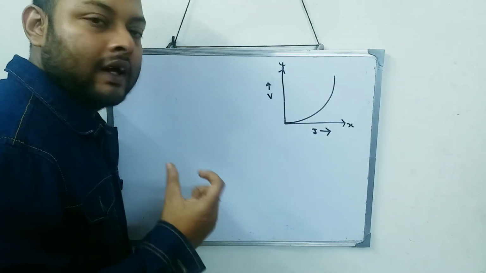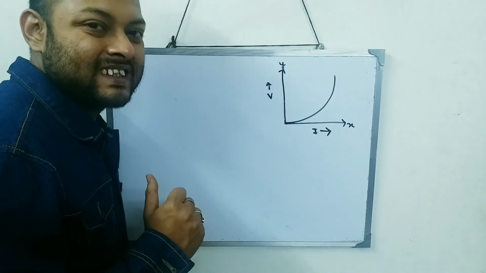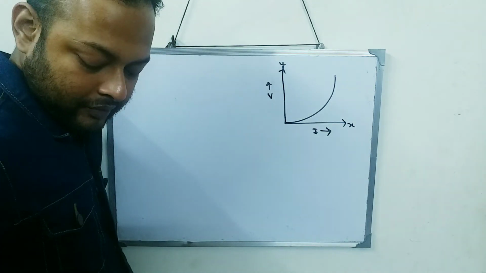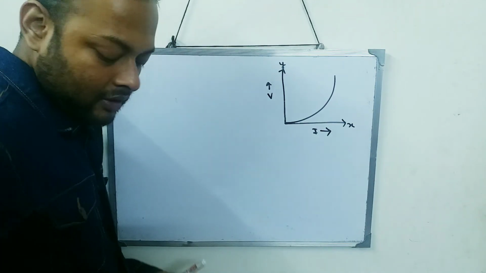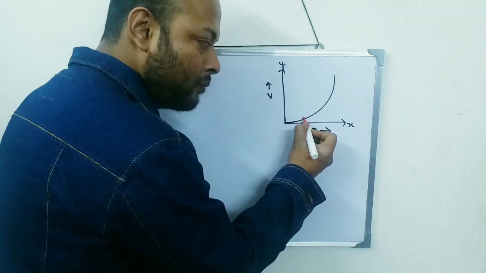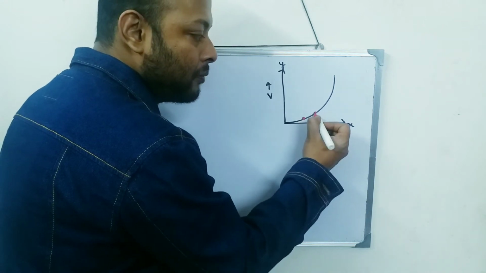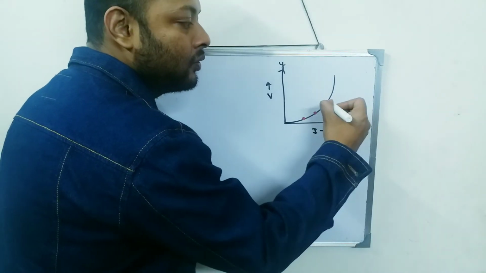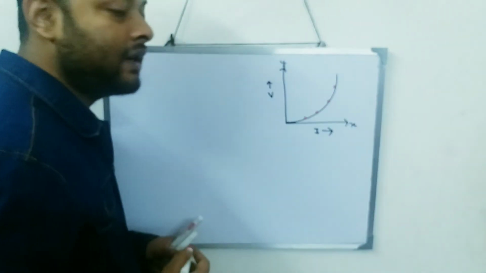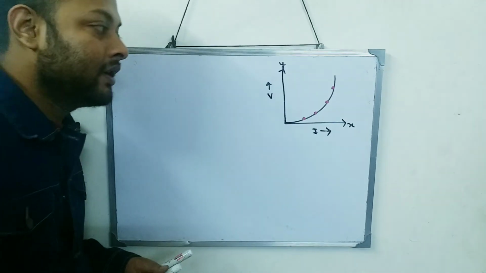In a curved line, the slope does not remain the same. The slope at this point will have a different value, the slope at this point will have some other value, and at this point some other value. So at different points in the graph, the slopes are different.